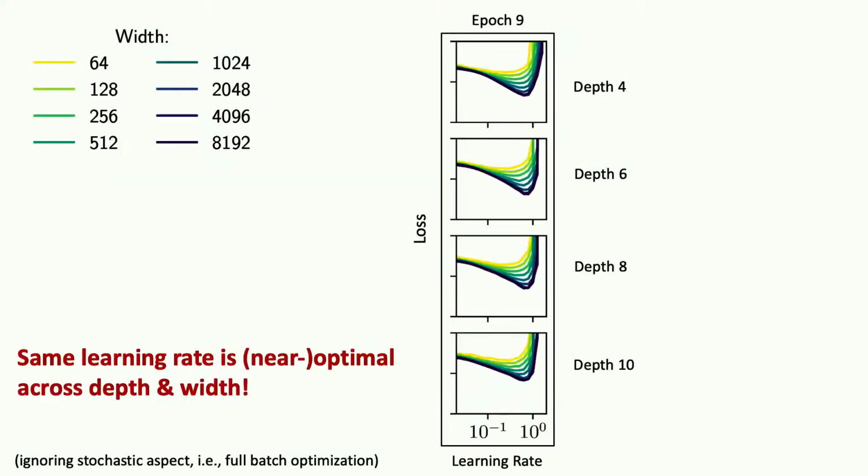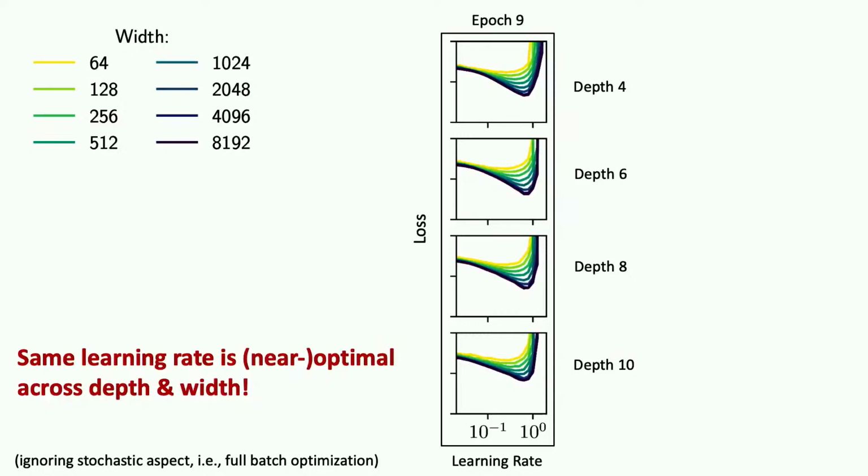So here are some empirical analyses. Here you're looking at 4 plots. They are neural networks of different depth. The colors code different widths from 64 to 8,192. The x-axis of the plot is the learning rate, and the y-axis is loss, so lower is better.